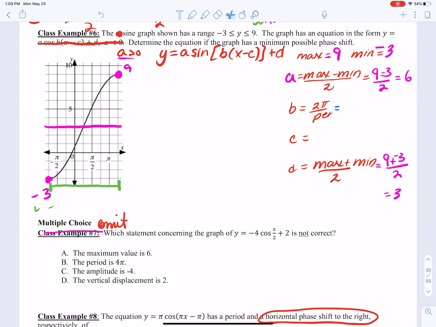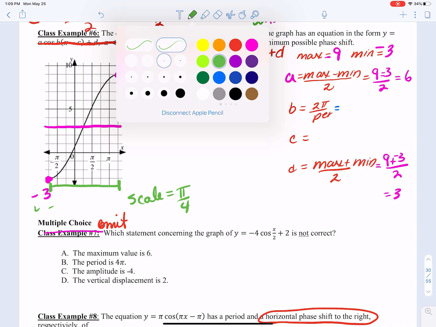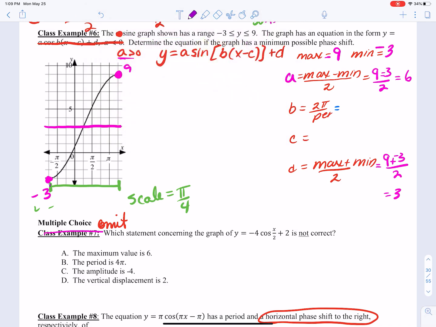So let's take a look at the scale of this graph. There are 1, 2, 3, 4 pieces of the first pi, so I know my scale is equal to pi over 4. So this graph took 1, 2, 3, 4, 5, 6, 7.